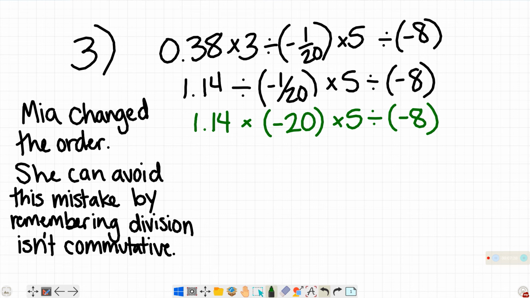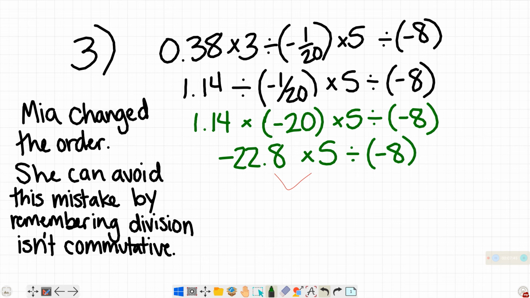So we're going to do this step here because that is the next piece when we work from left to right. So 1.14 times negative 20 gives us negative 22.8. And then we're going to multiply that by 5 and divide by negative 8.